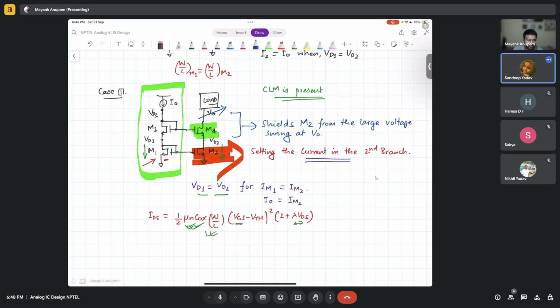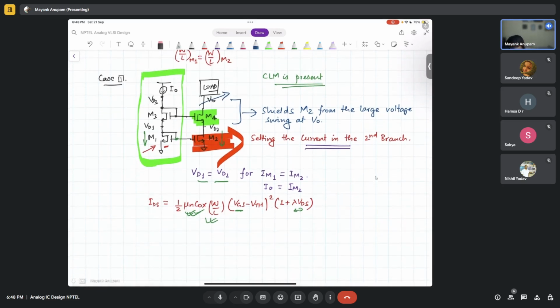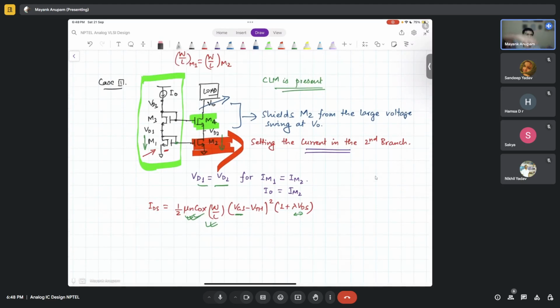Yes. So what I'm saying is that the voltage V naught can change. We cannot control that, because it is connected directly at the output side. There can be some load. Okay, load can change. So because of that, V naught can also change. We cannot do anything about it.